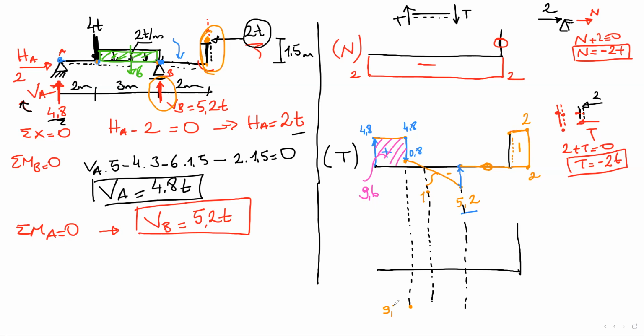The value is 9.6. Okay, this is a constant horizontal line, so this part is linear.